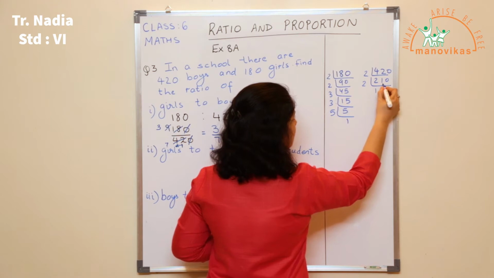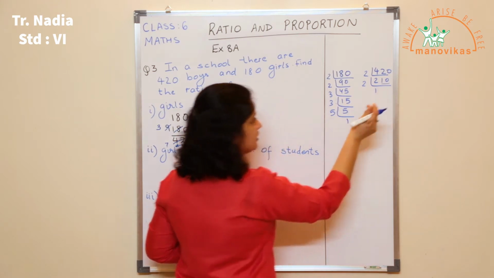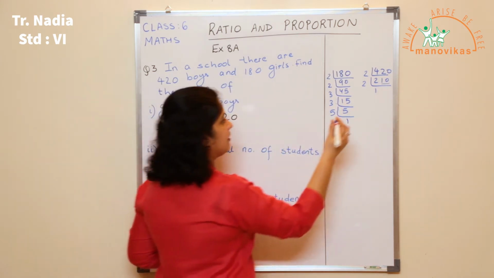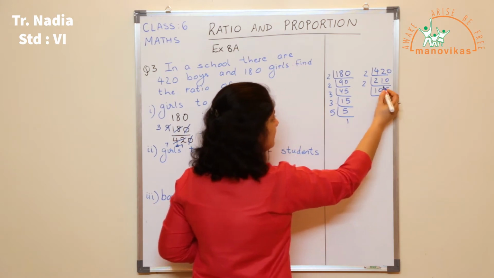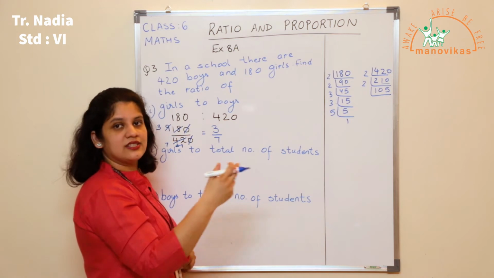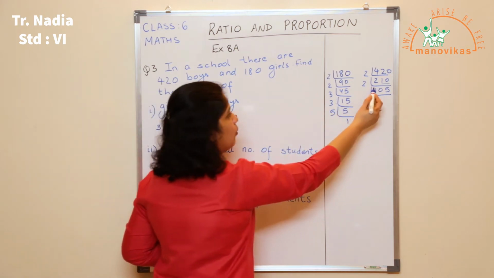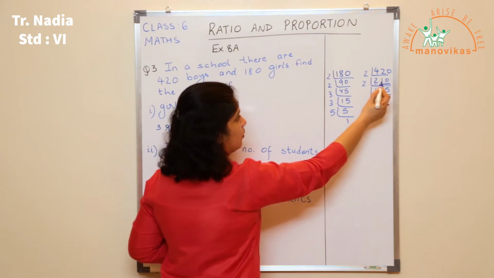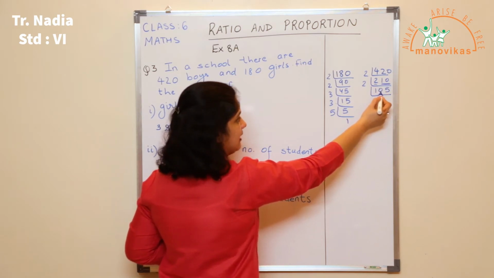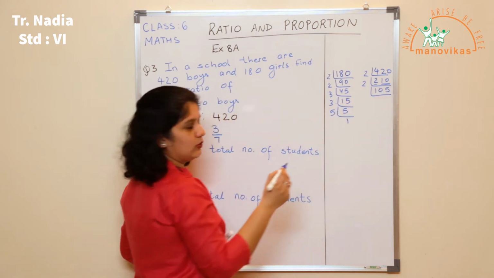2 1s are 2. Now see here children, I'm taking 2 digits together in the second time. So I will first have to put a 0 and then 2 5s are 10. Whenever you're taking 2 digits in the second time, like I did 2 1s are 2. Here I'm taking 2 digits together, 1 as well as 0. And that is the reason why I have to put a 0 here.